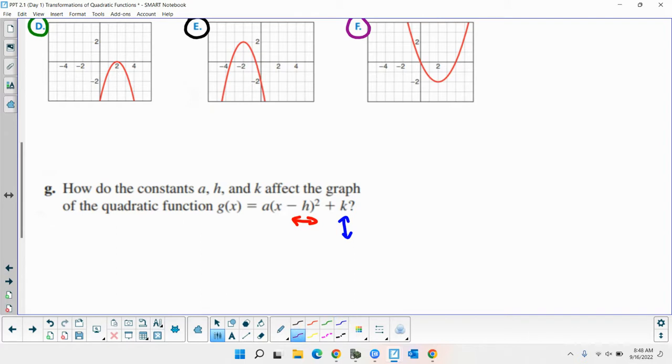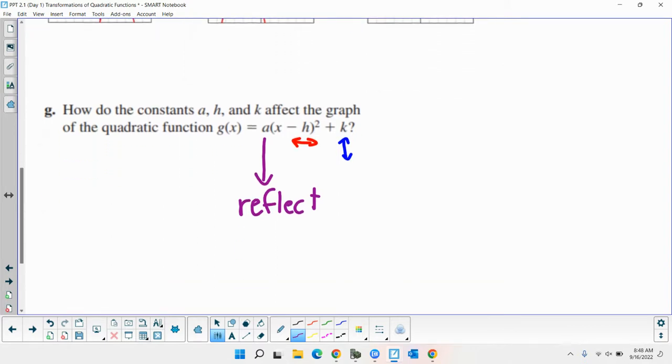Okay, the A could reflect if it becomes negative, right? Also, it could stretch or shrink, what I like to say compress.